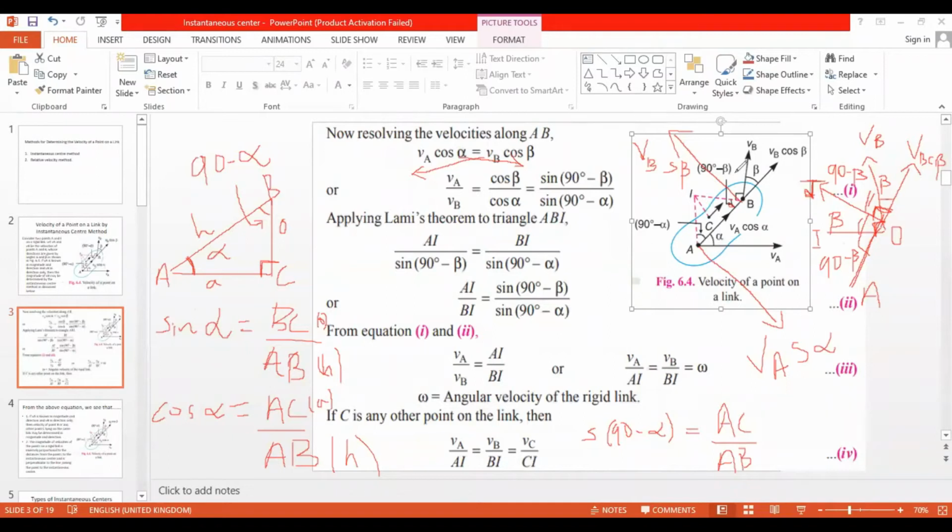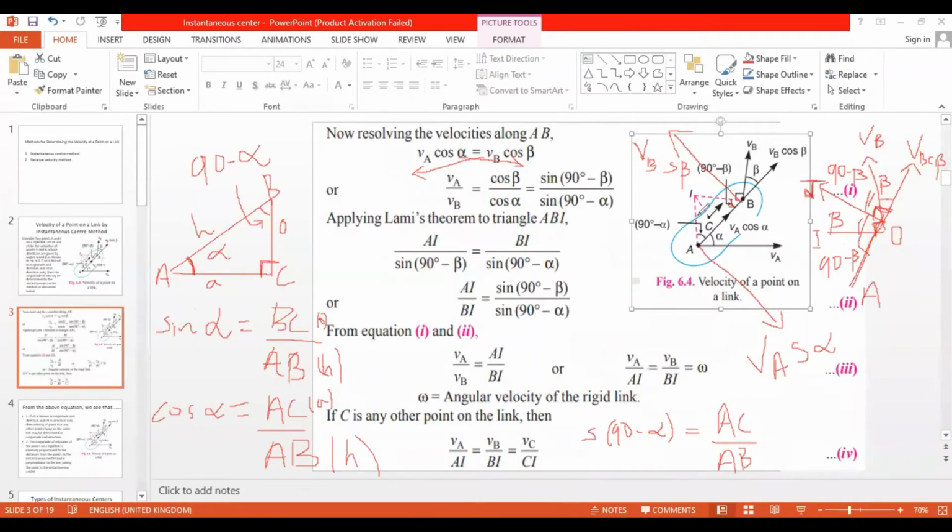So what Lami's theorem is saying is AI upon sine of the angle opposite to that side. A triangle will have three sides. A side upon the sine of the angle opposite to that side, the ratio will be equal.